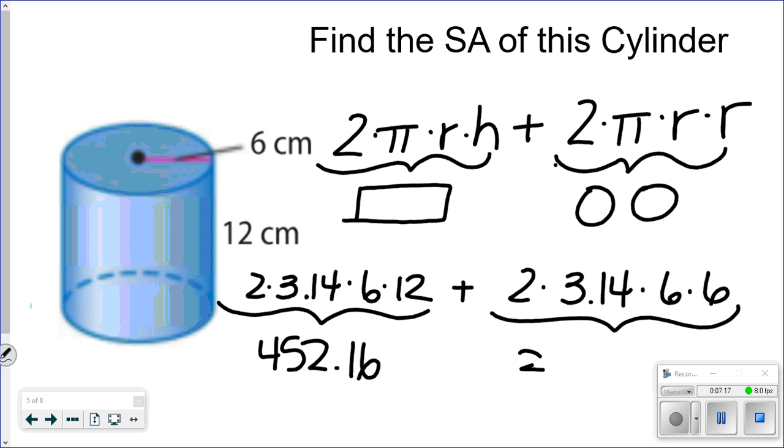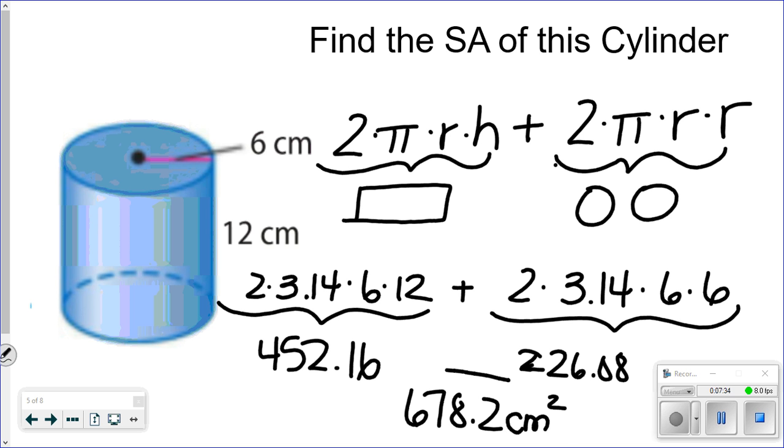This is then just the circle. Put them together. If you round to the nearest tenth, it's 10.2, and the unit is centimeters squared.